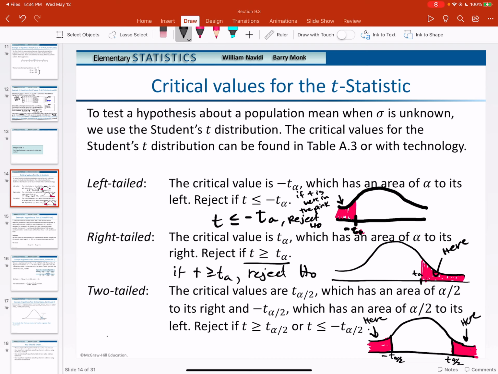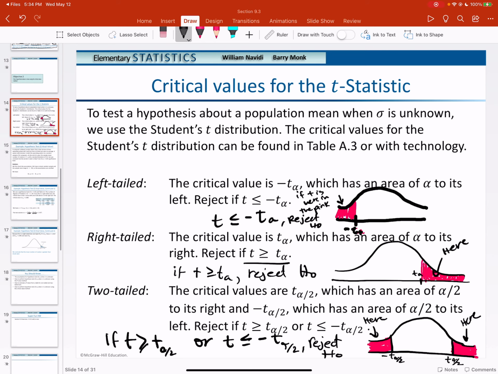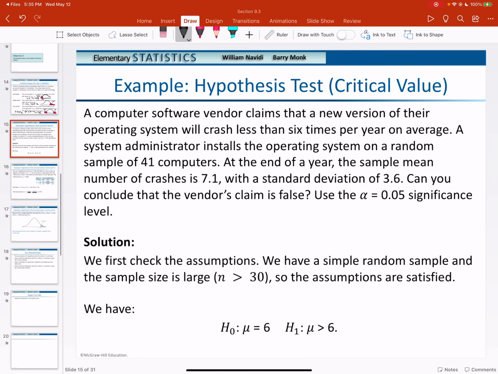So if T is greater than or equal to the positive T alpha over 2, or T is less than or equal to negative T alpha over 2, we would reject the null, okay? Otherwise, we would fail to reject. Okay, let's look at this now, an example.